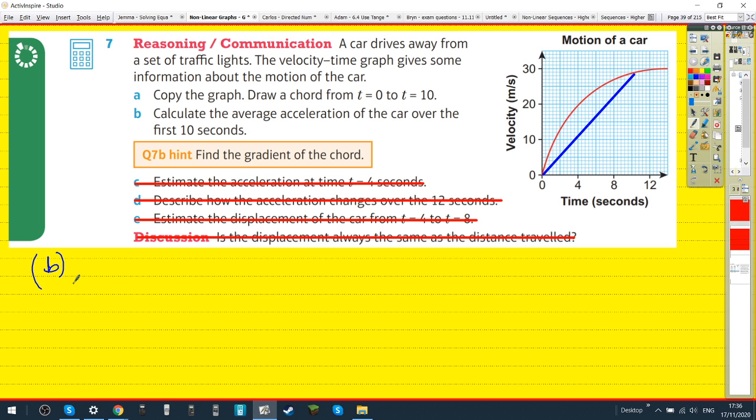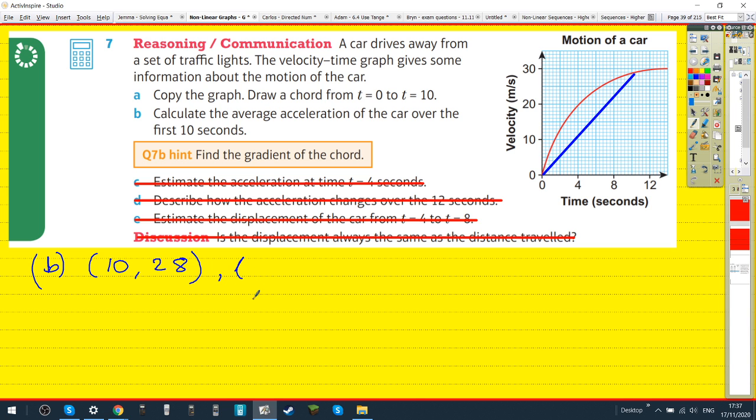Okay. So the average acceleration of the car over 10 seconds. So 10, 29 or 30. Okay. No, let's say 29. I'd say 28.